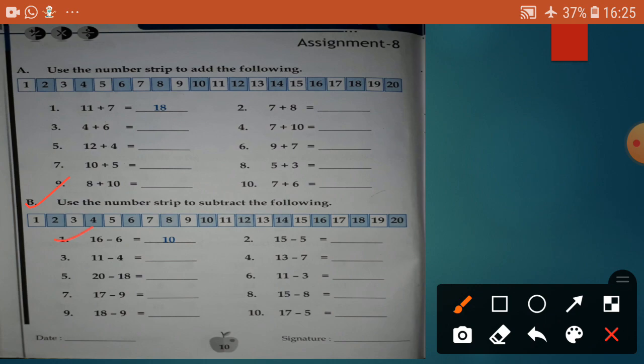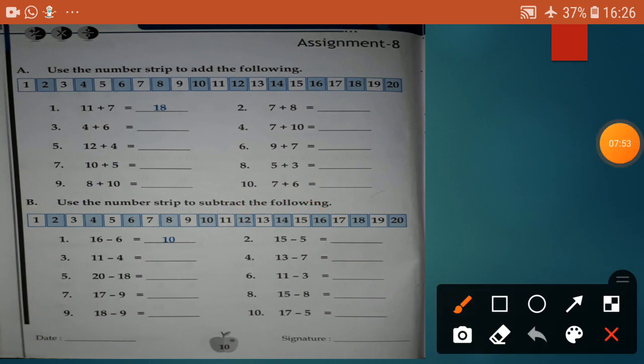Where is 16? Yes, this is 16. 6 means I go 6 steps back. 1, 2, 3, 4, 5, 6. See, the answer is 10.